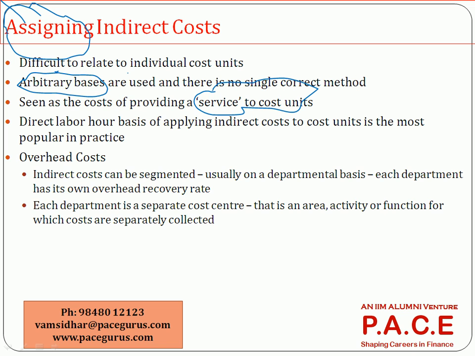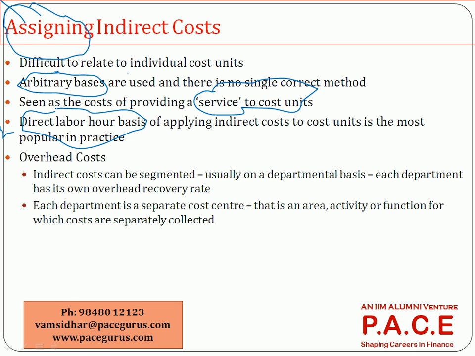Sometimes people, in the traditional way, assign any indirect costs either based on the direct labor hours, how much labor effort is involved for that indirect cost, or sometimes people look at it from a direct material. So either the basis is labor hours or the material usage.